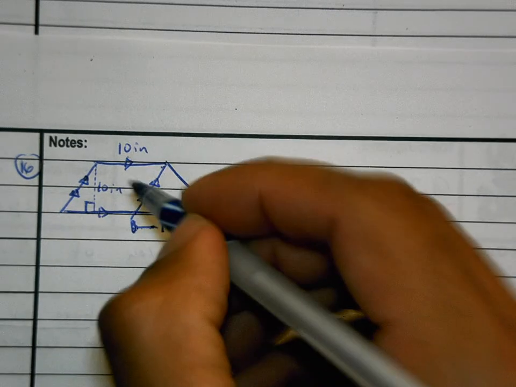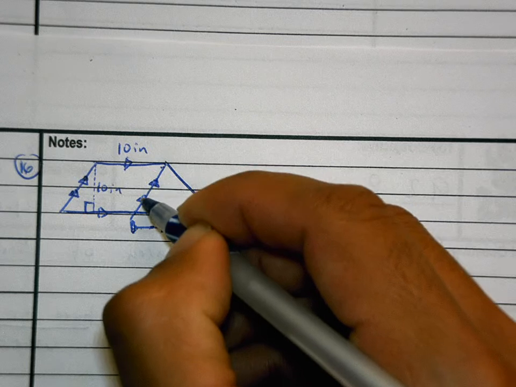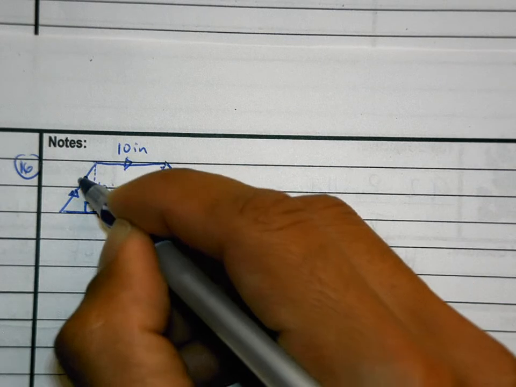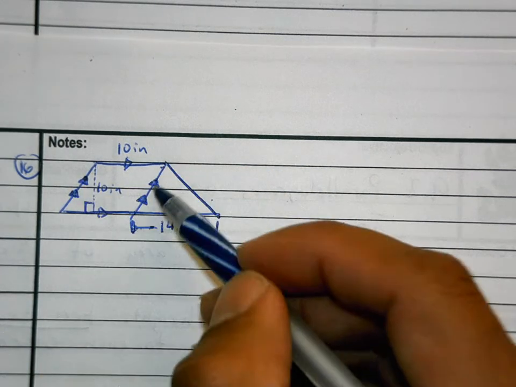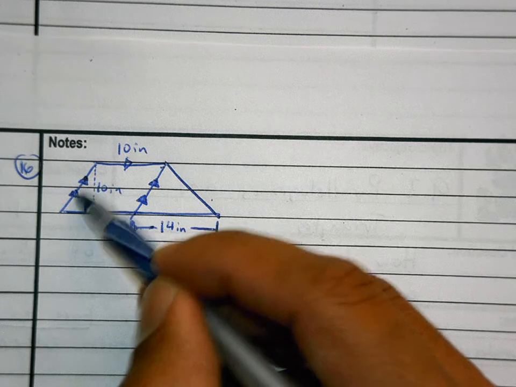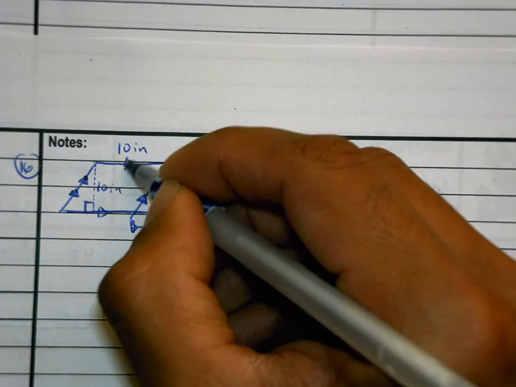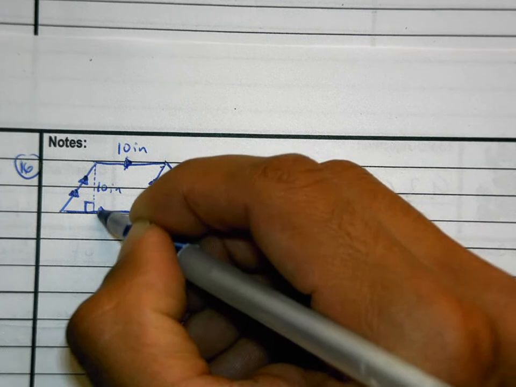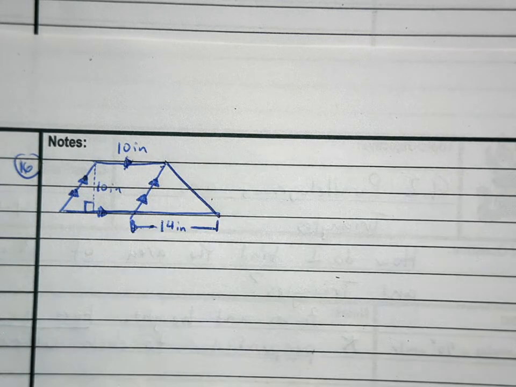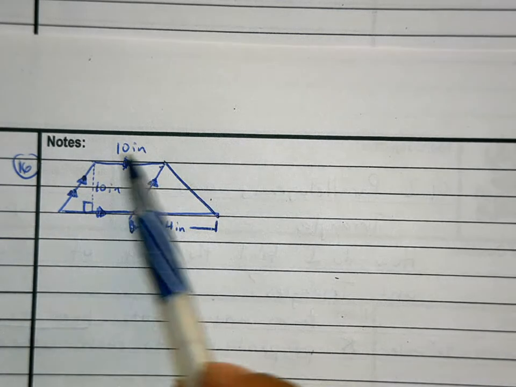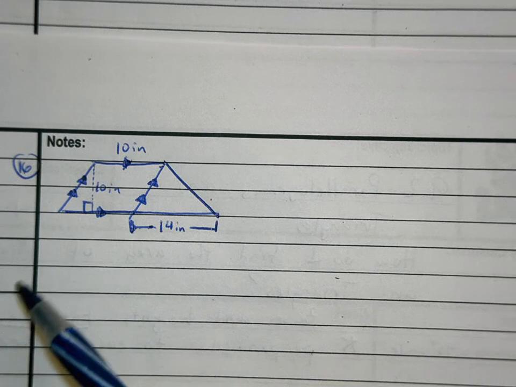They're filled in on your worksheet. What they mean is that these two are parallel to these two. They're going in the same direction. If it has a single, then it means that this one is parallel to this one. It's letting you know you can assume this is a parallelogram. Okay?